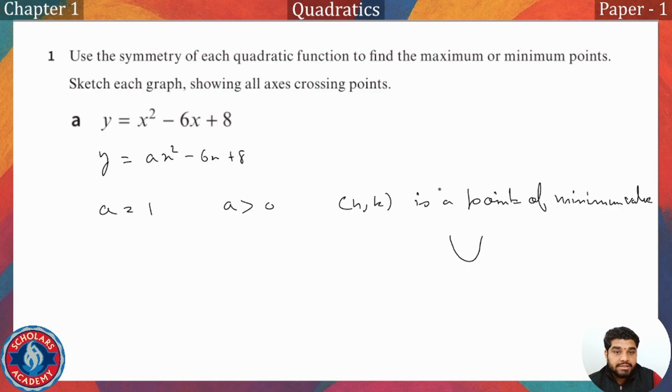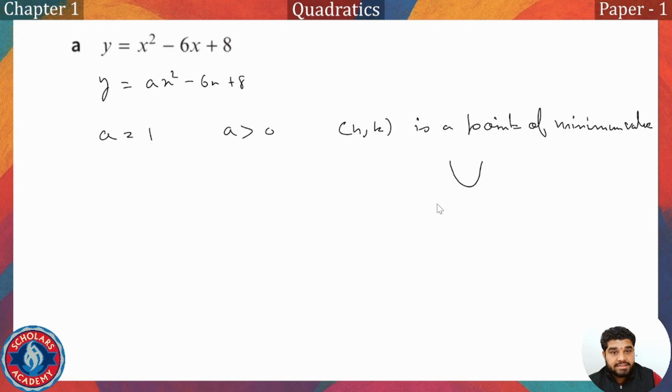Okay, so we got the orientation. We have to calculate the point of vertex and sketch each graph showing all axis crossing points. So we also need to find the intersecting points of the x and y axis. Let's start. First of all, let's start with finding the vertex. So we'll convert this equation by completing the square. For that, y is equal to x square minus 6x plus 8.